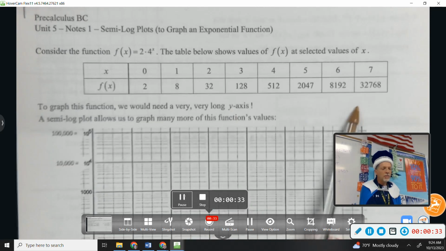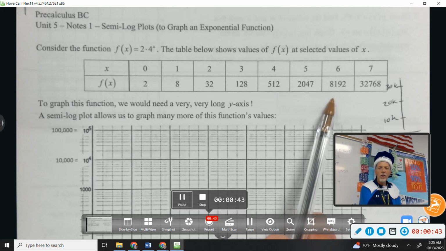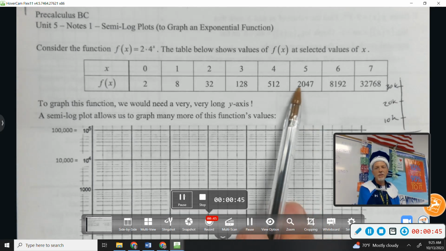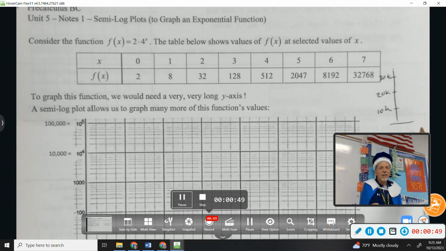Even if you put your y-axis to 30,000, there would be 20,000, and there's 10,000. All of your other points are so far below 10,000, it would hardly be worth graphing. You wouldn't see very much. So these huge numbers present a problem if we're going to graph like we normally graph.